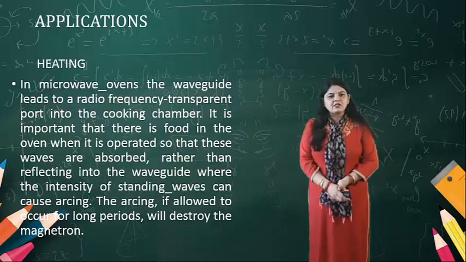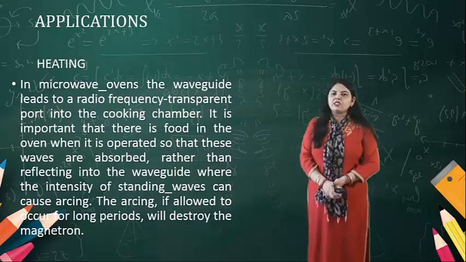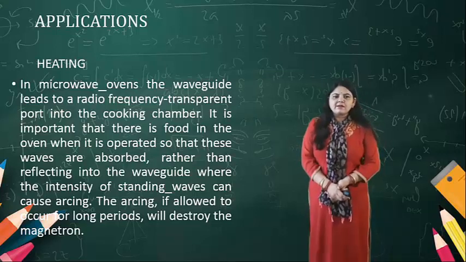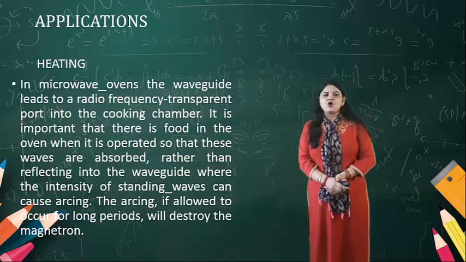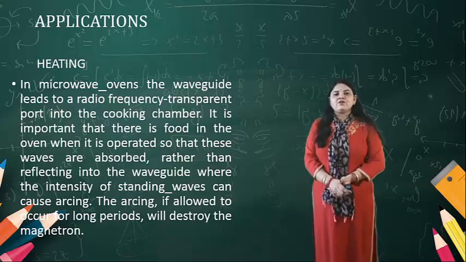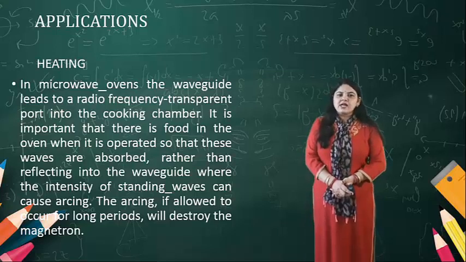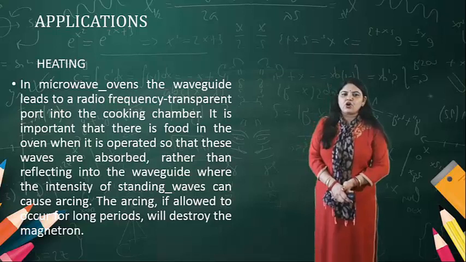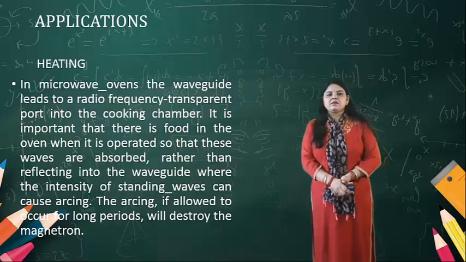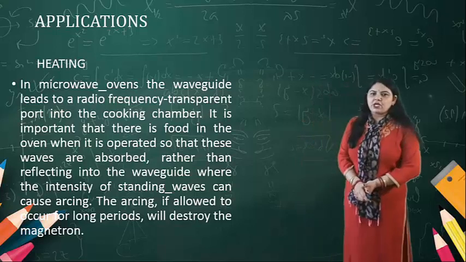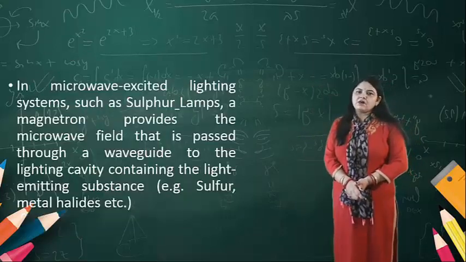It is important that there is food in the oven when it is operated, so that these waves are absorbed rather than reflected. The intensity of these waves can cause arcing, and this way we can use the microwave for heating the food.